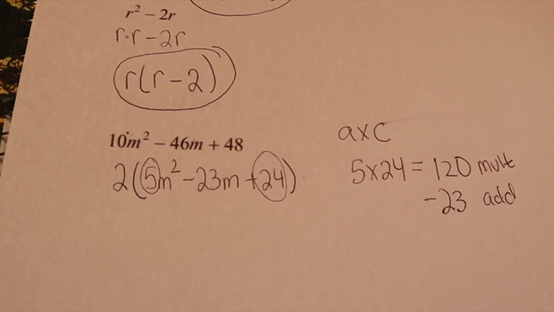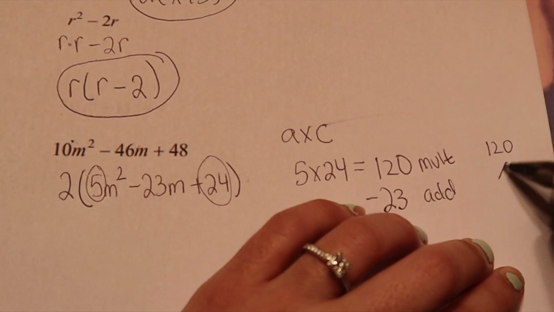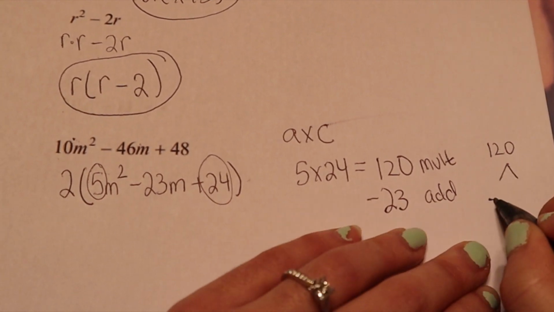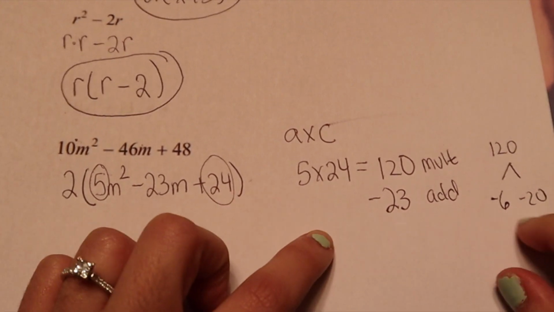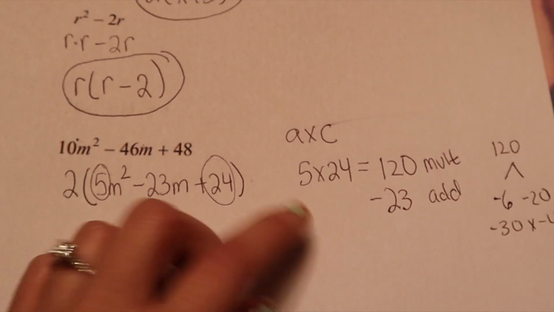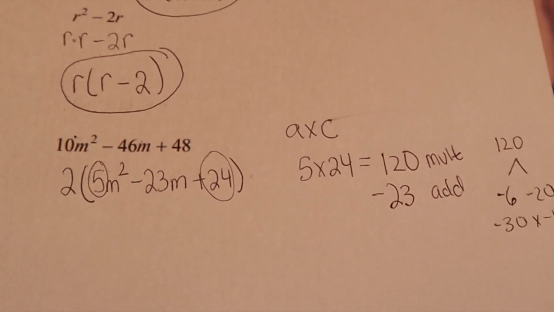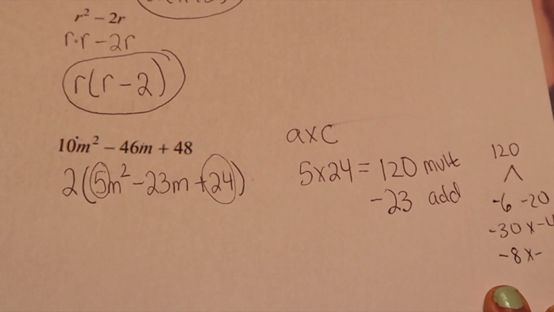So we're going to think of some numbers that can multiply to 120. I could have, let's say, negative 6 and negative 20, but that's not going to add to negative 23. I could have negative 30 times negative 4, but that's not going to add to negative 23. I could do negative 8 and negative 15.